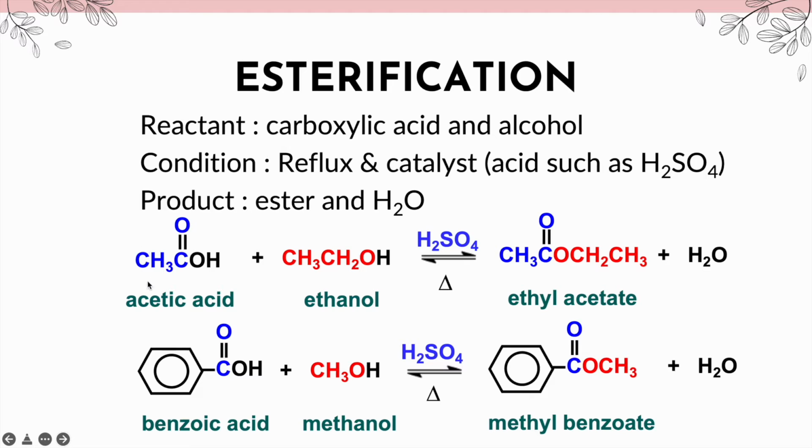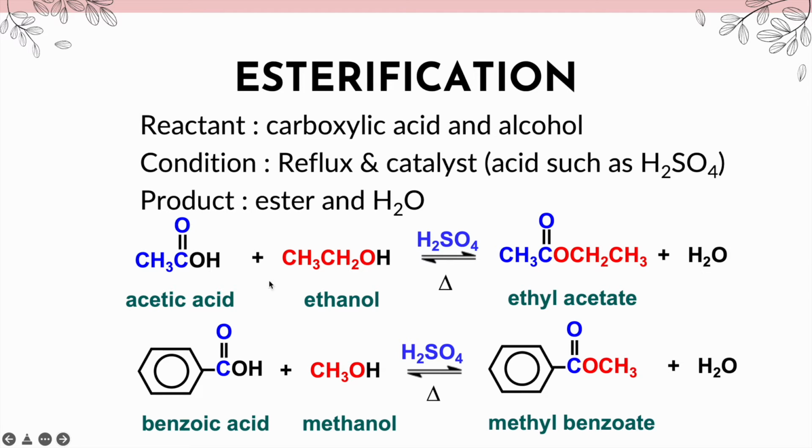So here we have carboxylic acid, acetic acid, reacting with ethanol. In carboxylic acid, we remove OH. In ethanol, we remove H. So the side product will be H2O, because you remove OH from carboxylic acid and remove H from alcohol, making the side product H2O.